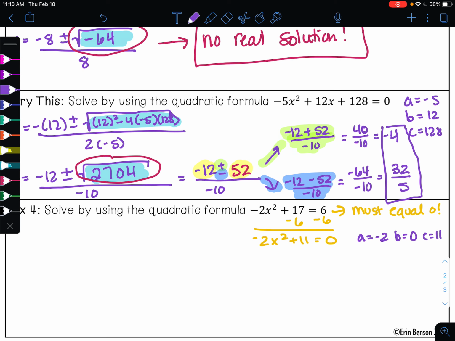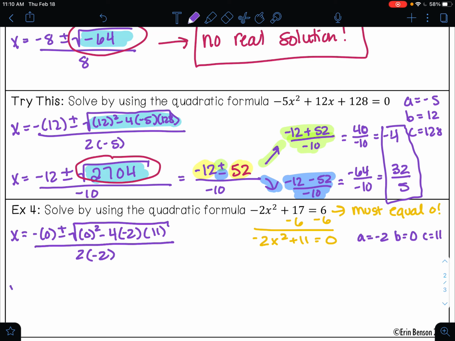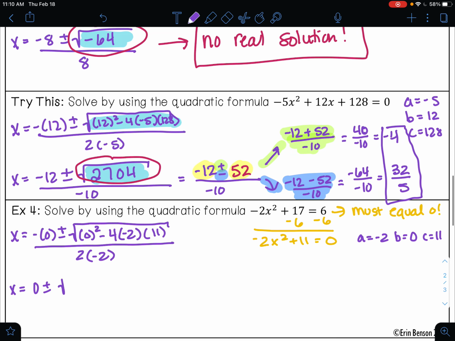So I can go ahead and plug into my quadratic formula and get x equals -b plus or minus the square root of b squared minus 4 times a times c all over 2 times a. All right, so I'm going to have x equals negative 0, which is the same thing as 0. And then for my discriminant, I'm going to get 88.